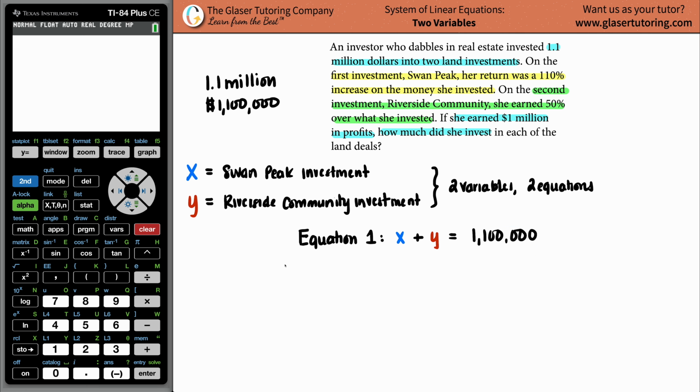Now let's deal with the next equation. This is probably going to have to do with her returns. It says, on the first investment, which was Swan Peak, her return was 110%. That's nuts. So that means that, if she put in $50, she's getting back 100%.